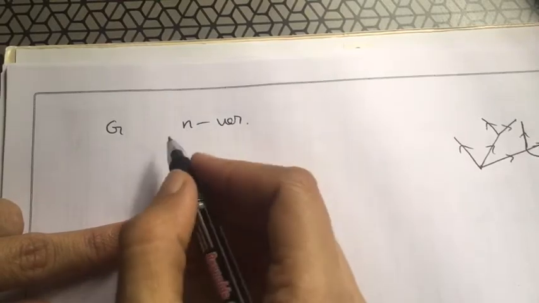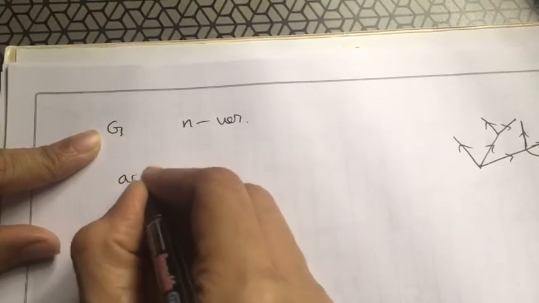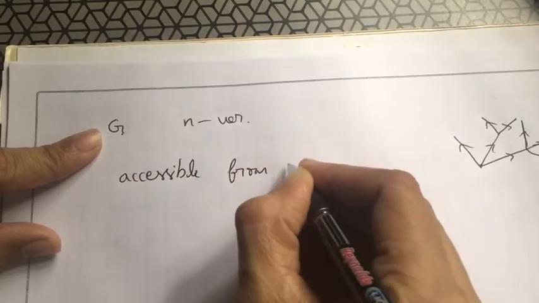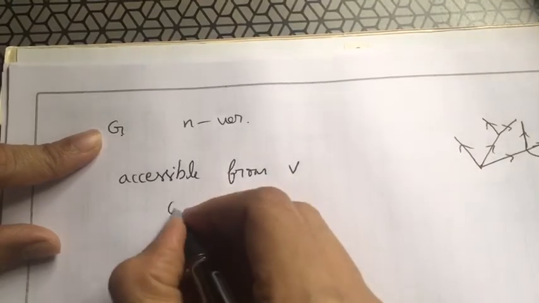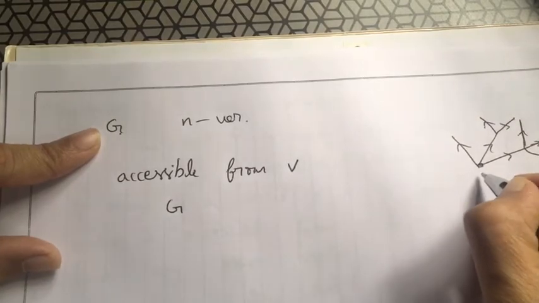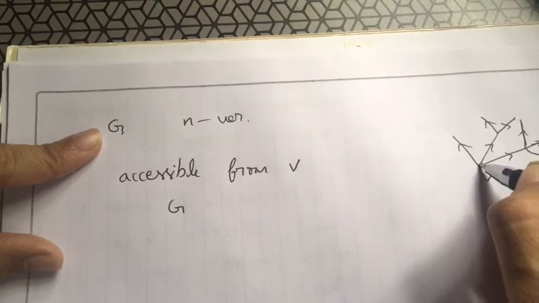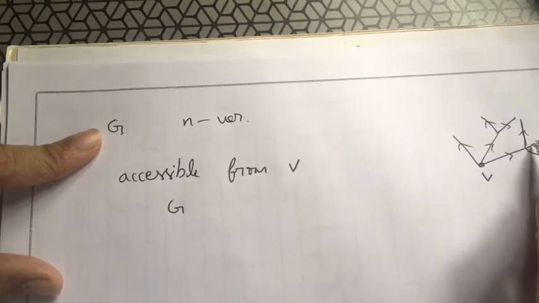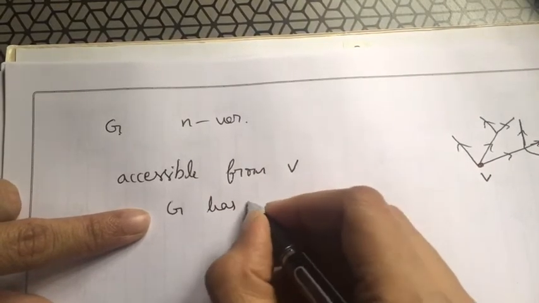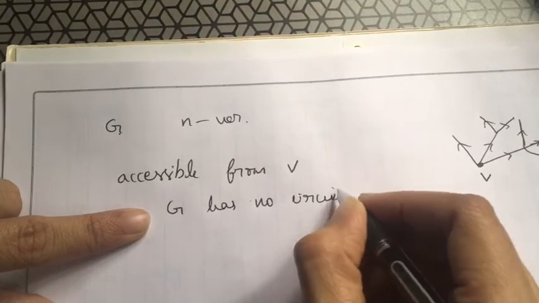See, since every vertex in G is accessible from V, G has no circuit, right? Suppose this is V. Every other vertex in G is accessible from V. That means that G has got no circuits, neither a directed circuit nor a semi-circuit.